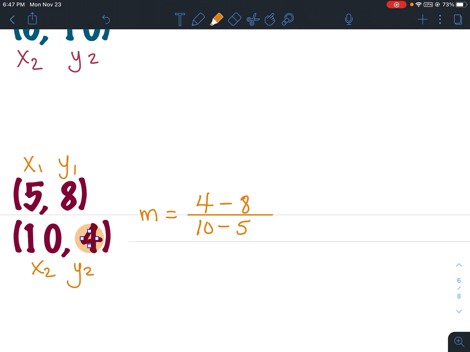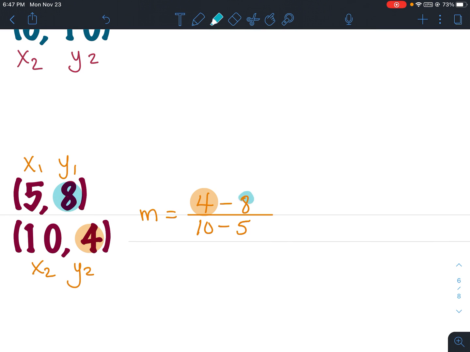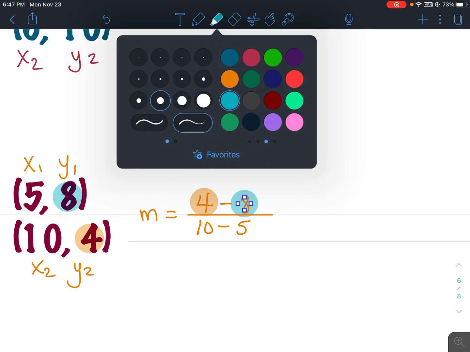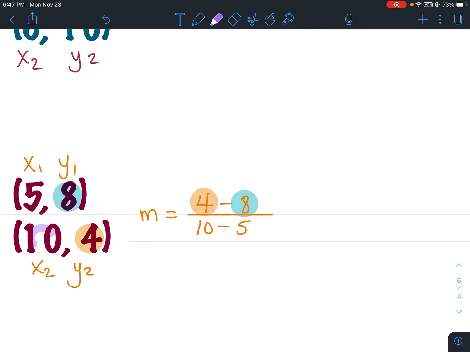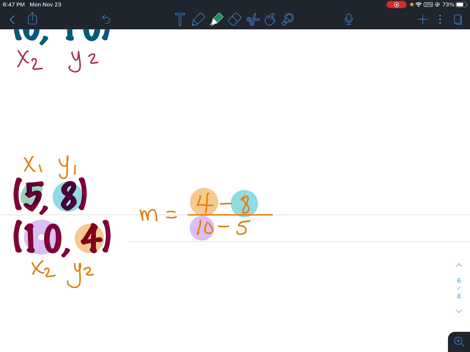So y2, y1, x2, x1. And that's where I got those numbers from. y2 minus y1 over x2 minus x1.